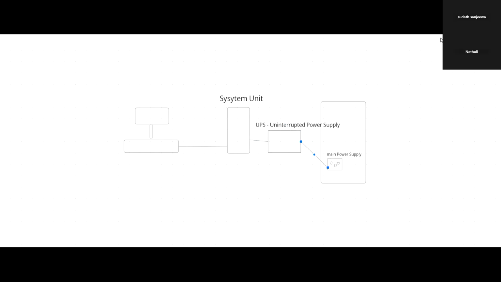So in between the computer and the main power supply, there is a UPS. That means uninterrupted power supply. This UPS is connected to the main power supply, not the computer cable. The cable of the system unit is connected to this UPS, right?